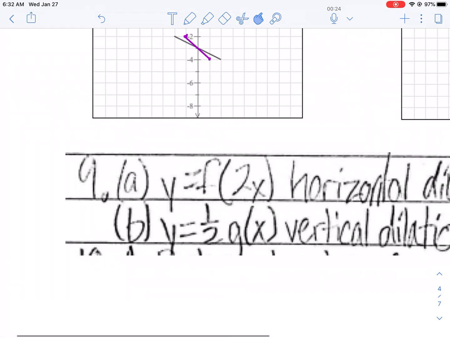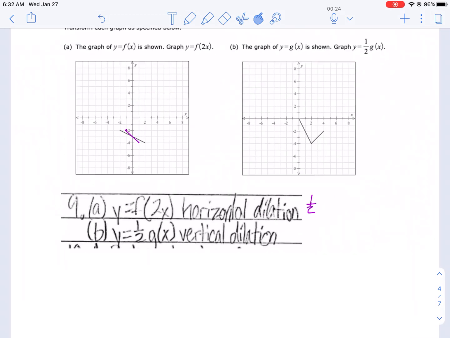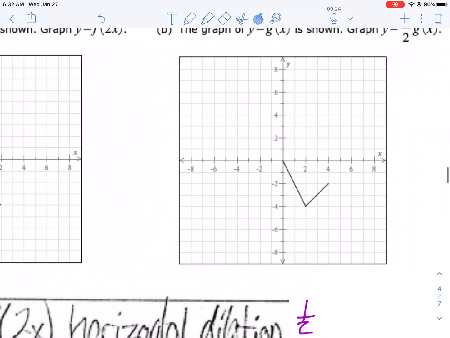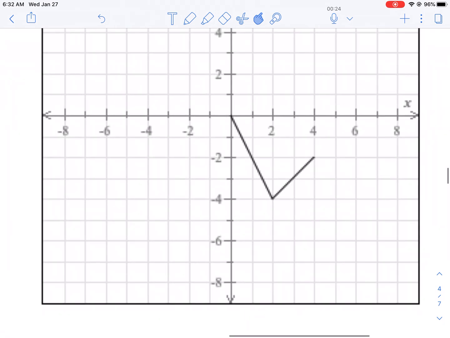Then for the next one, 1/2 of g of x, I'm going to multiply my y coordinates by 1/2. Keep the x's the same. Well, the first part, what's half of 0? Half of 0 is 0. So I'll put this at 0. Then I look at my next y coordinate. Half of negative 4 is negative 2.